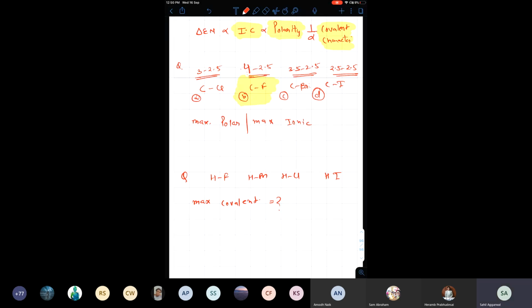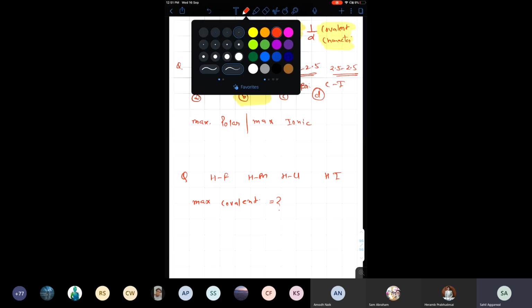Maximum covalent means minimum electronegativity difference.